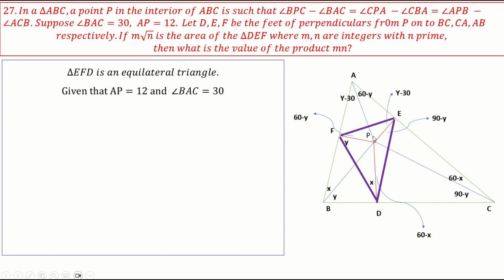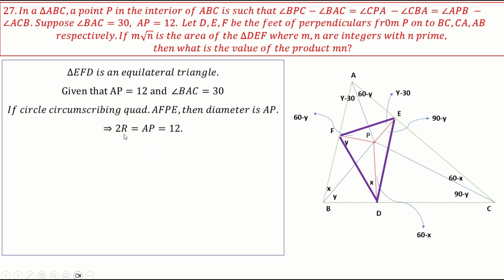Now, look at this. AFPE is a cyclical quadrilateral with AP as diameter. I explained why: here it forms 90 degrees on the semicircle, right? This is a diameter, which means AP is equal to 2R, right? 2R equal to 12.